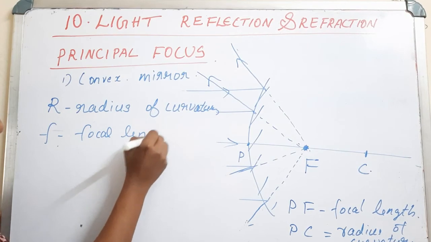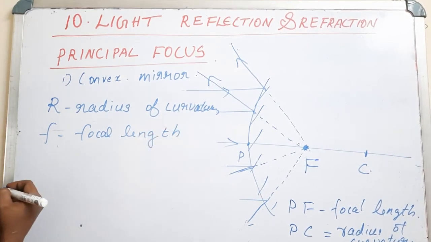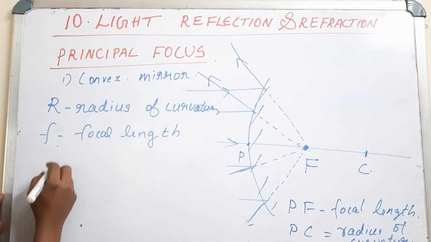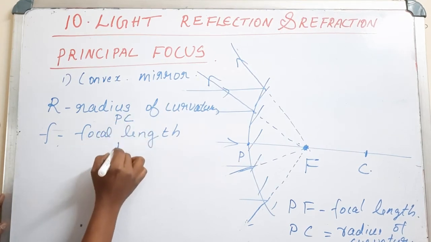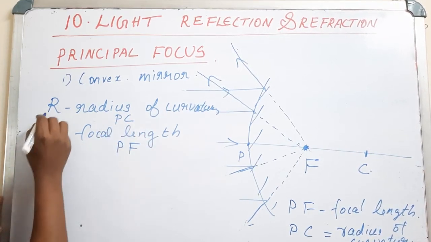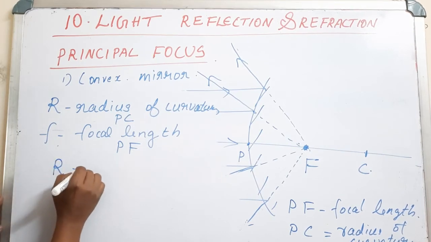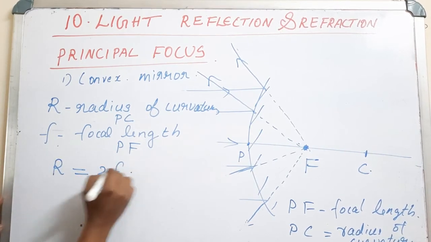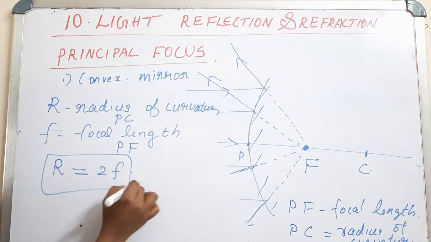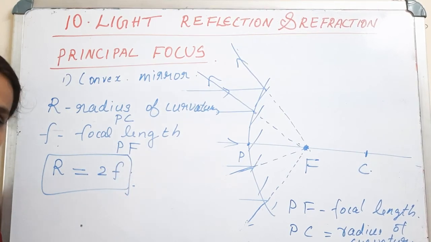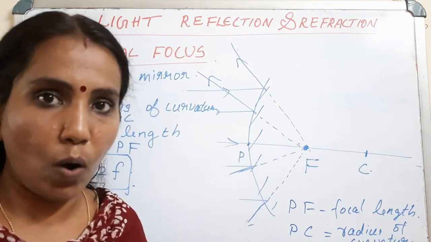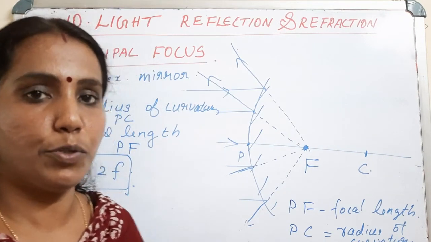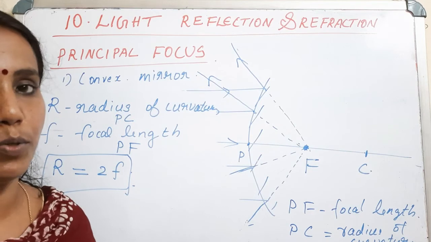You know R is nothing but PC and F is PF. So the relation between the two is R is equal to 2F. Whether the mirror is convex or concave, the relation between radius of curvature and focal length is R is equal to 2F.